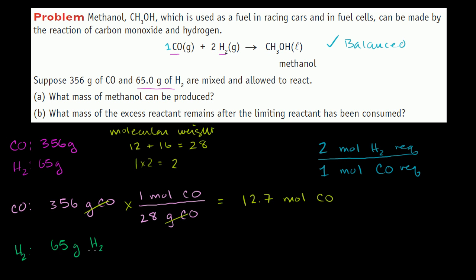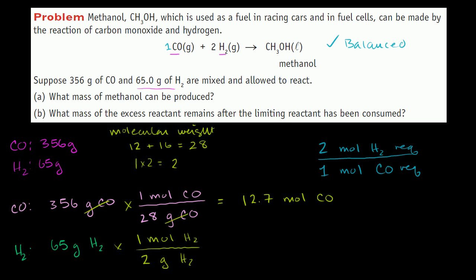We want to write it in moles, so we're going to multiply it times 1 mole of hydrogen. A mole of it is going to have a mass of 2 grams, so you could view this as 2 grams per mole, or 1 mole per 2 grams. And we want the grams in the denominator, so it cancels out.